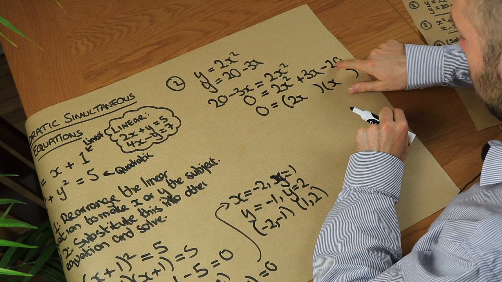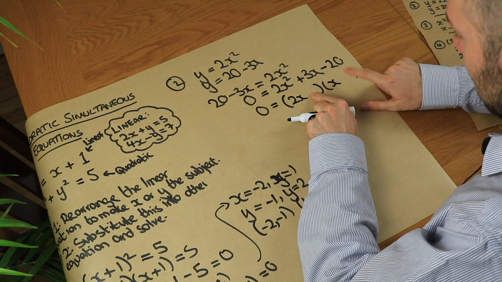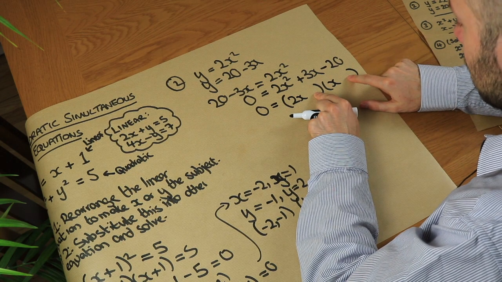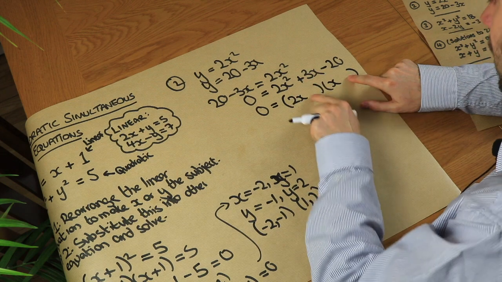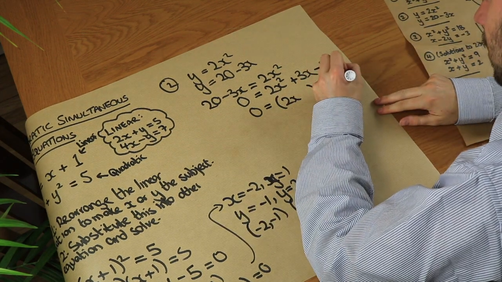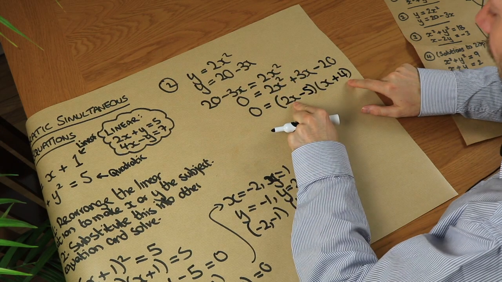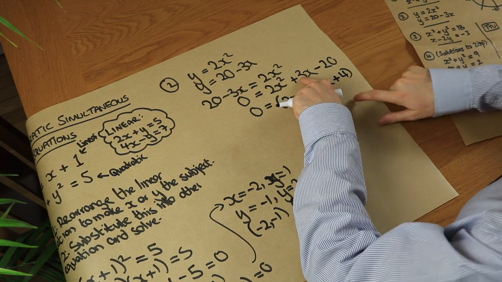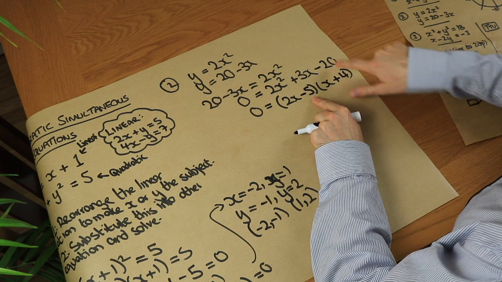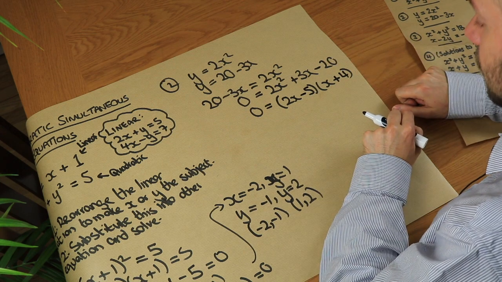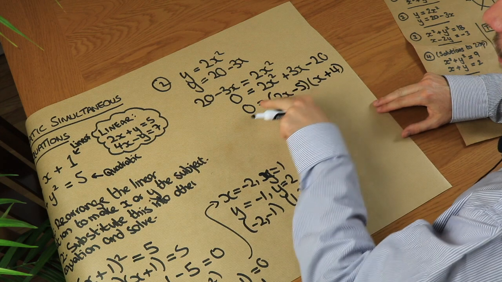Now to get the minus 20, we need to think of two numbers here that times to give minus 20. But it's got to work with that plus 3x. Now I know we can use plus 4 here to get us up to 8x, and I'm going to do minus 5 here. So we have 8x minus 5x, which would be 3x, and minus 5 times 4 does give you minus 20.